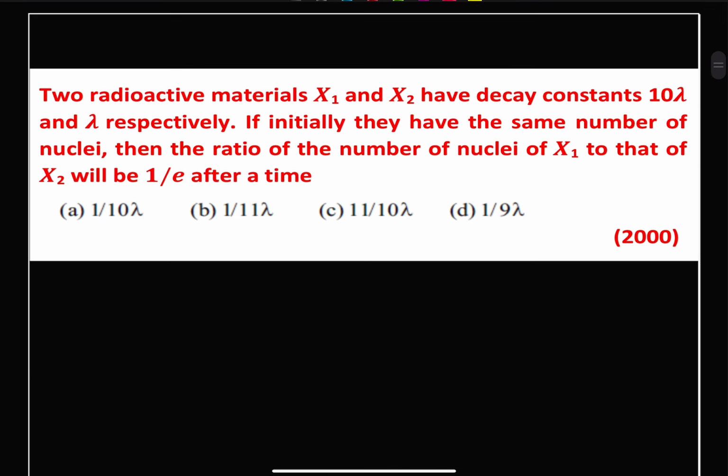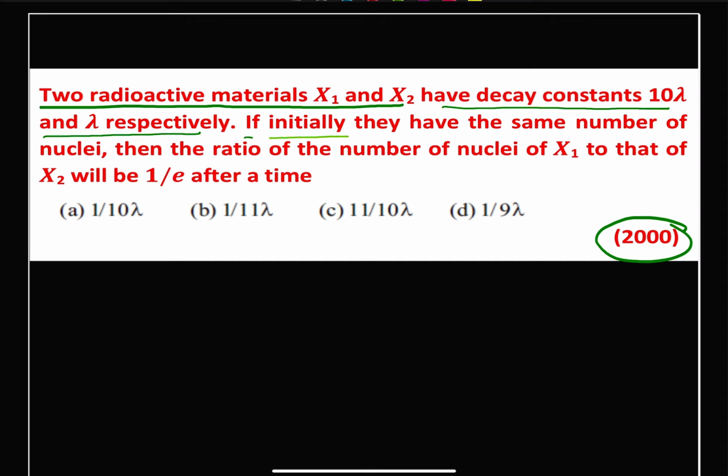It was also asked in the year 2000, and it states that two radioactive materials X1 and X2 have a decay constant 10 lambda and lambda respectively. If initially they have the same number of nuclei, then the ratio of number of nuclei of X1 to that of X2 will be 1 upon e after the time.